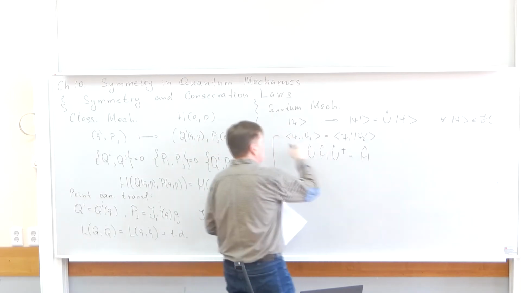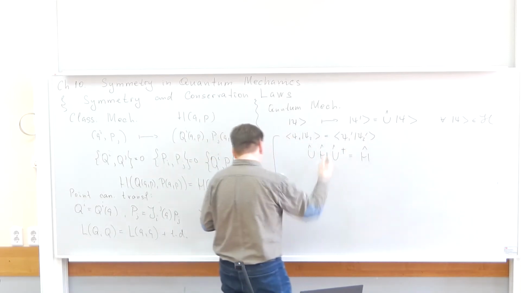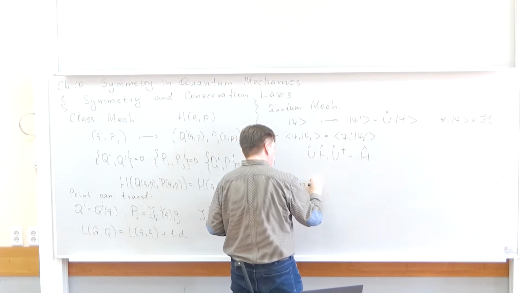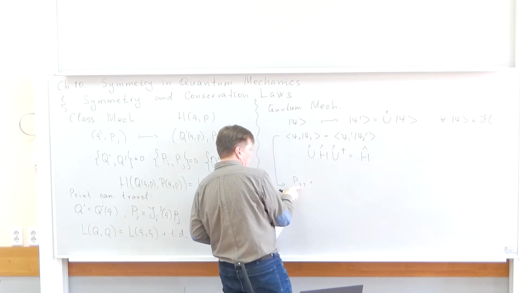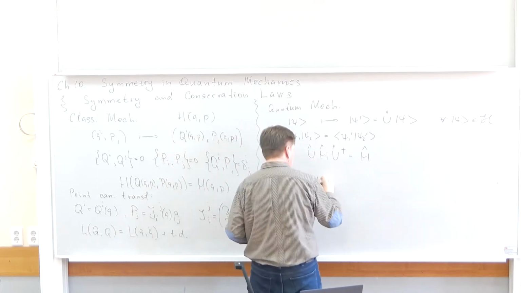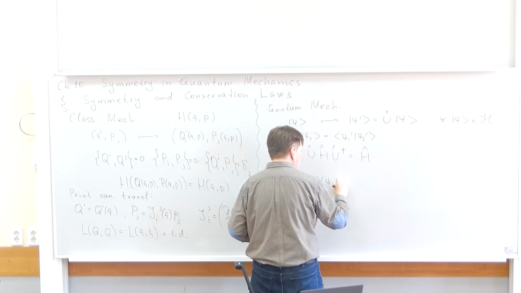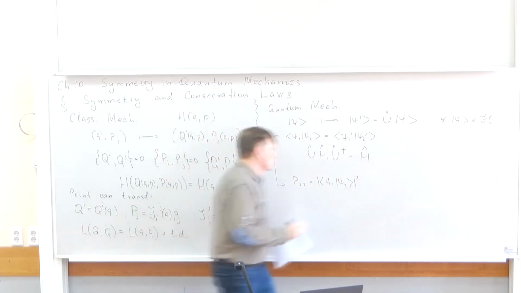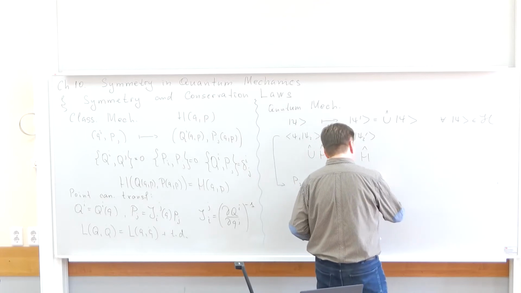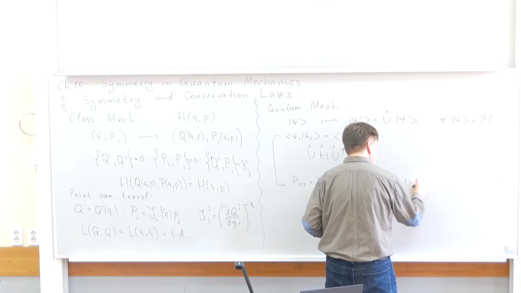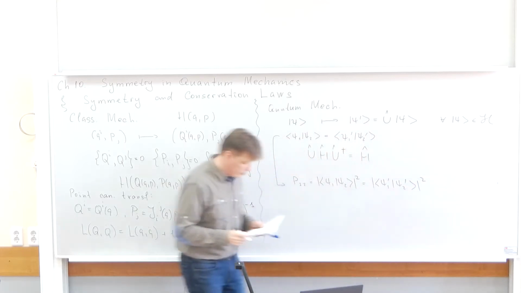So just taking absolute values, we find that P12, the probability of transition from state psi1 to psi2, given by |<psi1|psi2>| squared, is equal to |<psi1|psi2 prime>| squared.